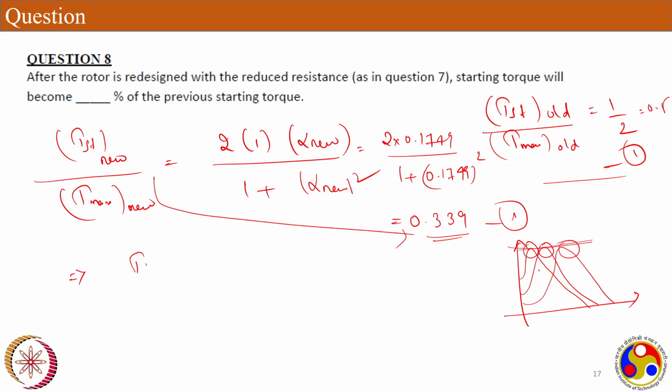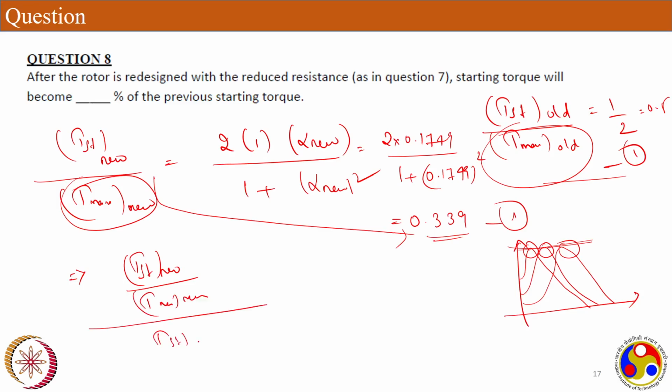Maximum torque remains the same. That means your T max new and T max old are the same. If you take the ratio of it, they both get cancelled. So you need T starting new divided by T max new, divided by T starting old divided by T max old. Now T max old and new get cancelled, because whenever you are varying the rotor resistance, your maximum torque remains the same. You have to remember this concept.